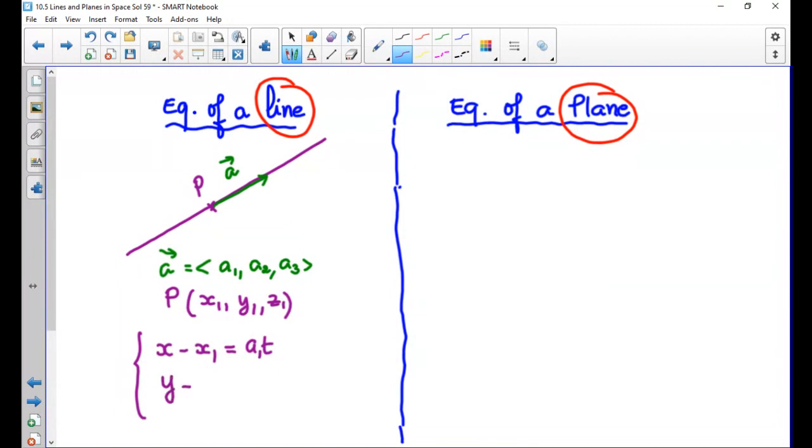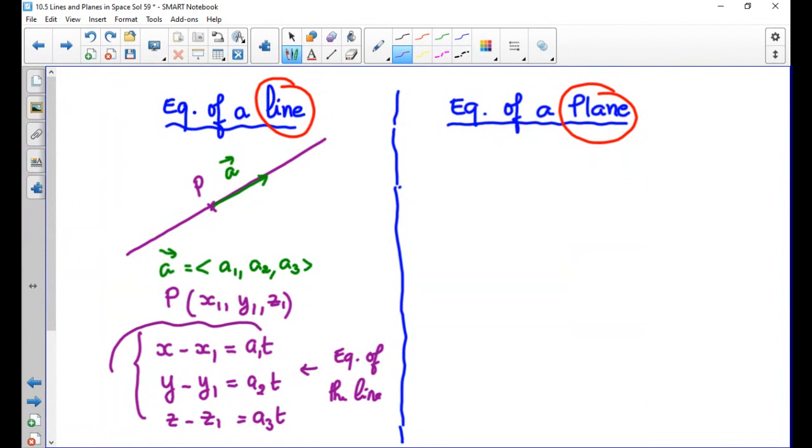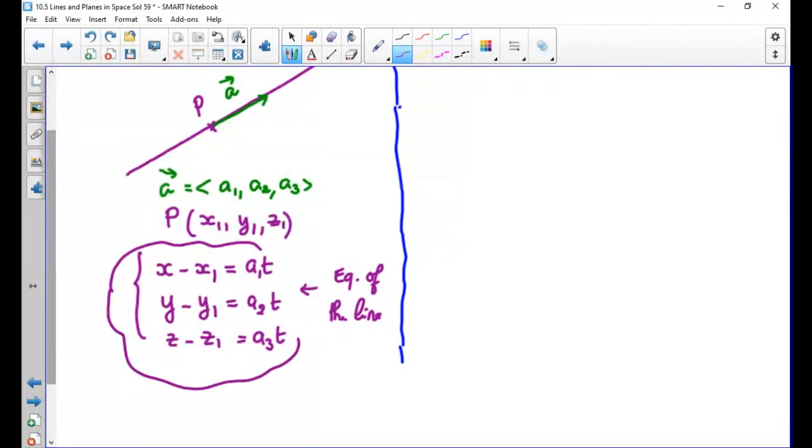Then you will have y minus y1 equal a2 t, and z minus z1 equal to a3 t, and these are the equations of the line. Very important. So you need to have a vector in the direction of the line, and you need to have a point on this line. Once you have these 2 things, then you can write the equation of the line.